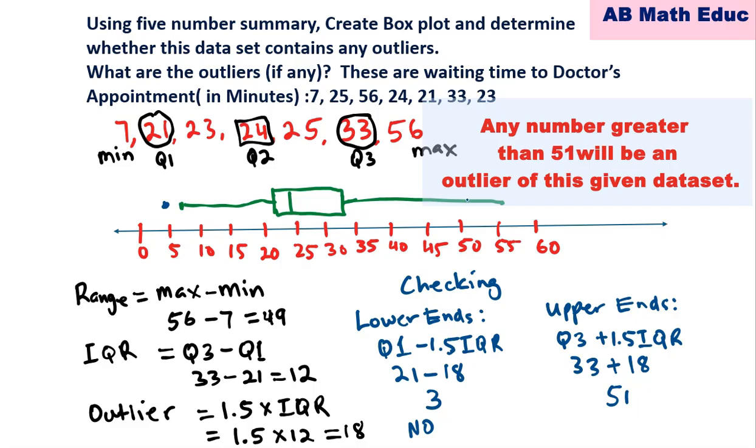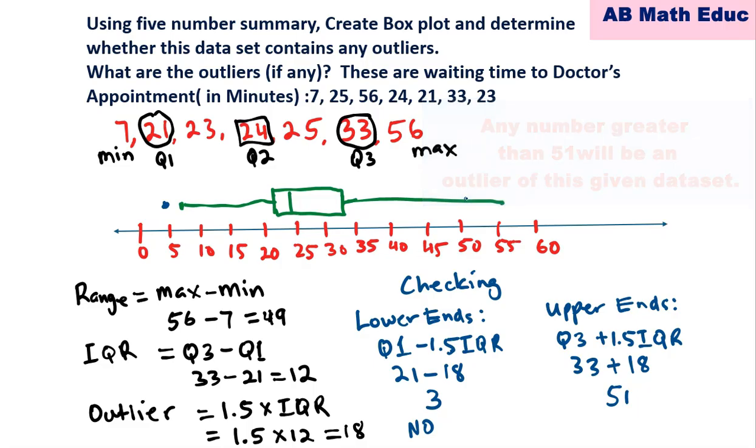And we got 51, so we put it in there. So we see that the data's maximum was beyond that point. So any number beyond that one will be an outlier, which happens to be 56.